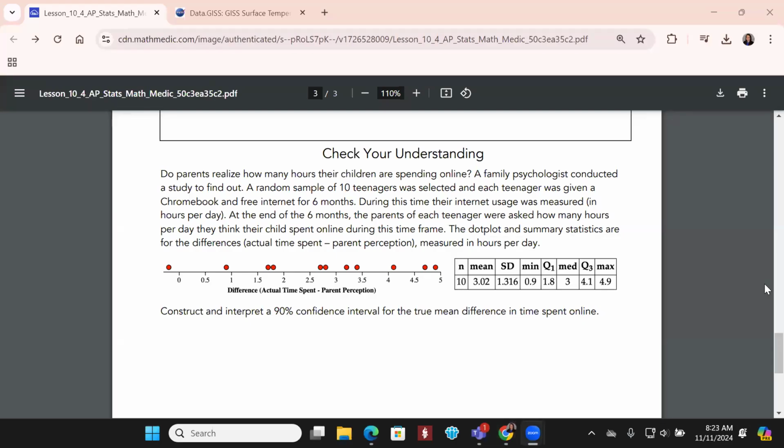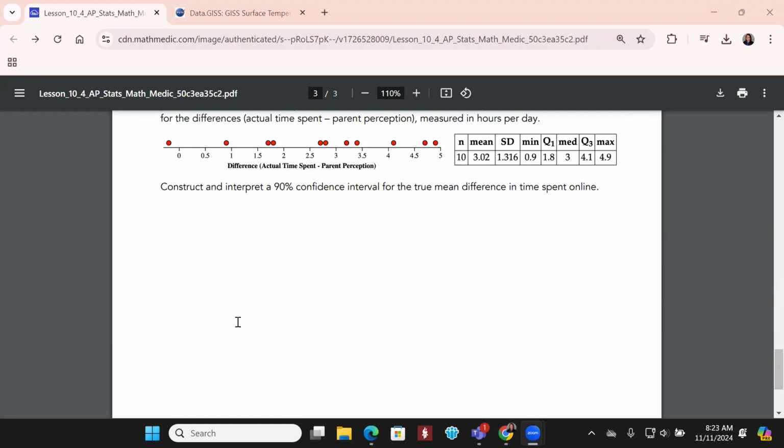So do parents realize how many hours their children are spending online? All right. So construct and interpret a 90% confidence interval for the true mean difference in the time spent online.